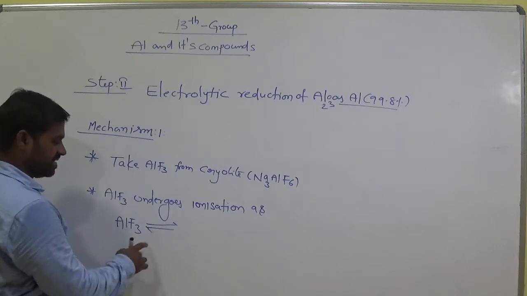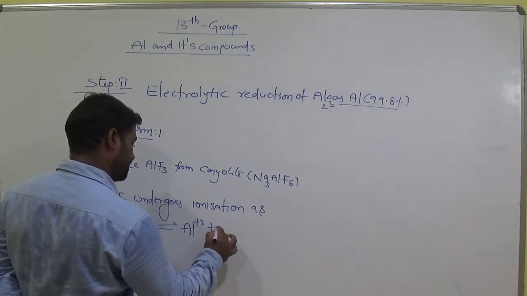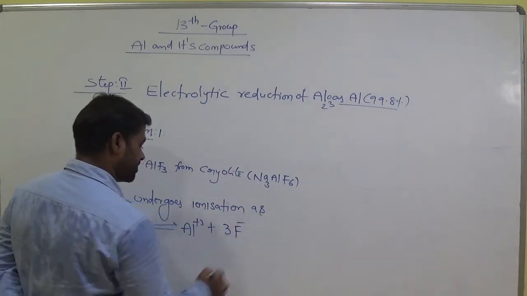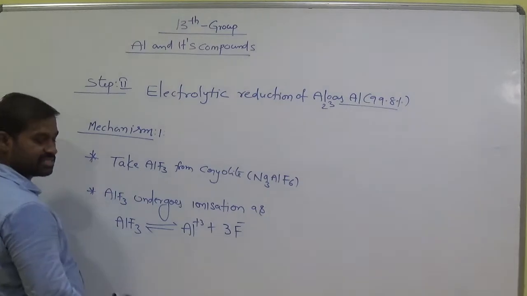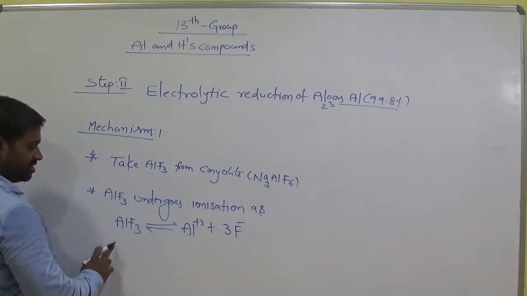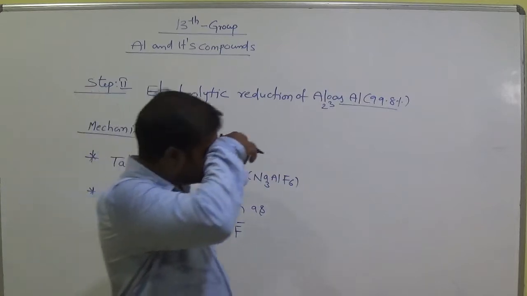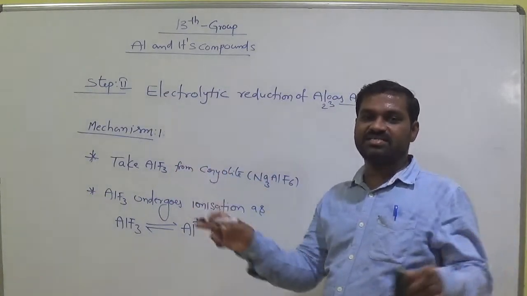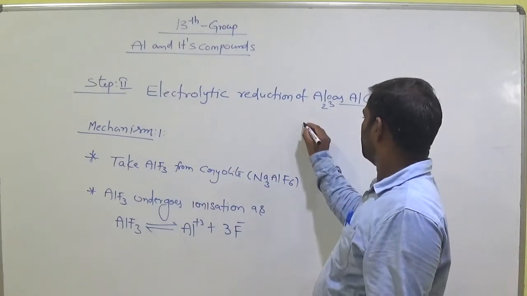This symbol is ionization, so it gives Al3+ and 3F minus, fluoride ions. So 1 aluminium as plus 3F minus. Clear? Aluminium trifluoride, this is ionization. Now this entire process takes place in the iron cell in step 2.